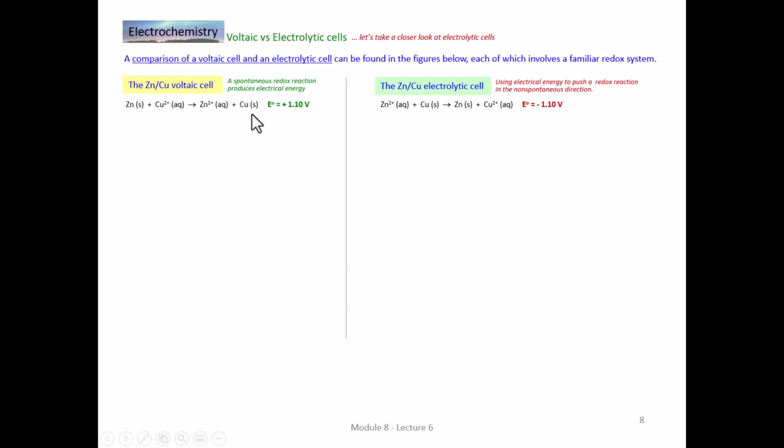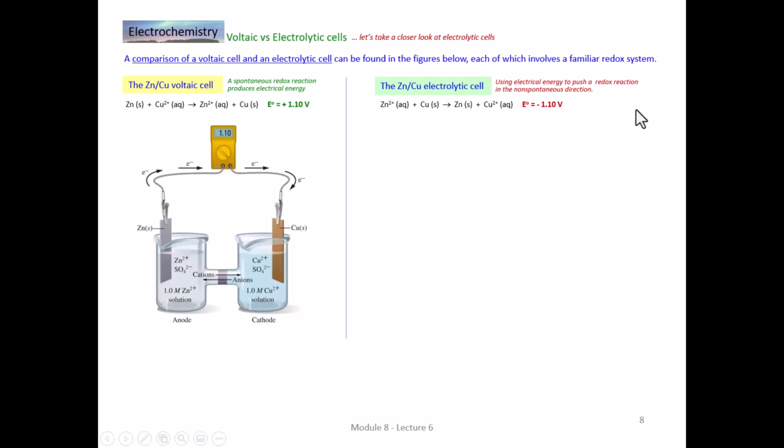So you'll notice that we've taken the reaction on the left that was spontaneous and we're pushing it backwards. So we have zinc ion oxidizing copper metal to produce zinc metal and copper ion. And since this is the exact opposite of the reaction that's spontaneous, we know this one is not spontaneous. It has a potential of minus 1.10 volts.